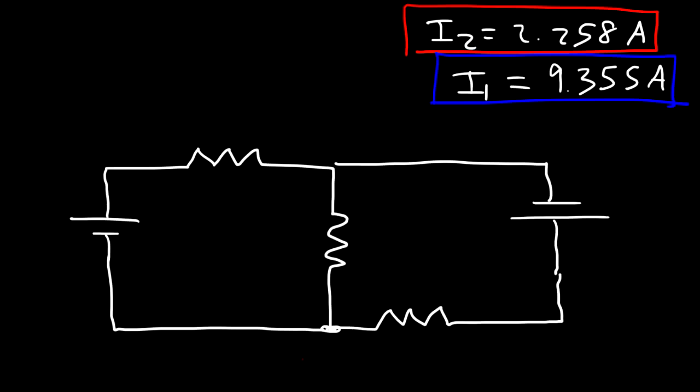So let's call this point A, point B, point C, which is the same as that point, and point D. Now let's say that point A is the ground.